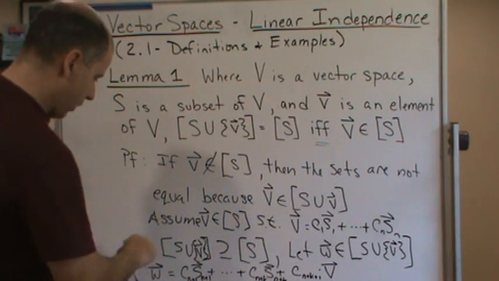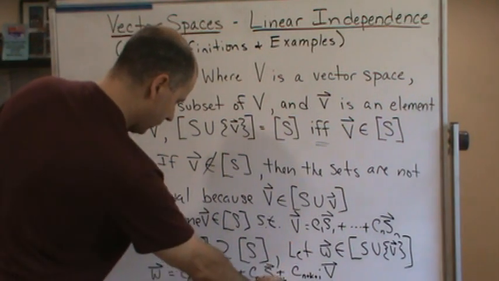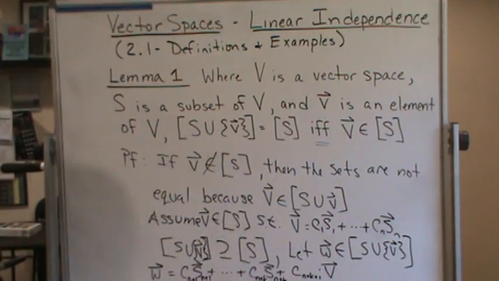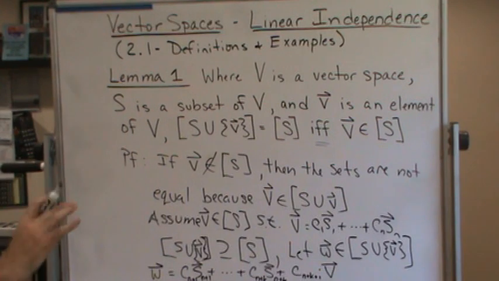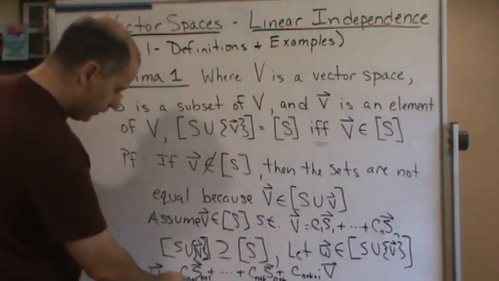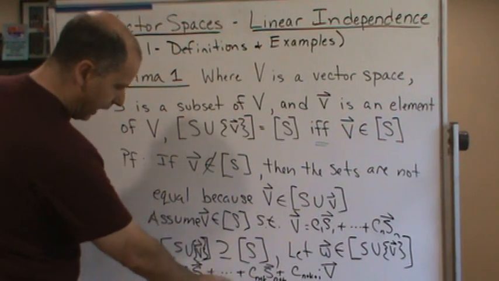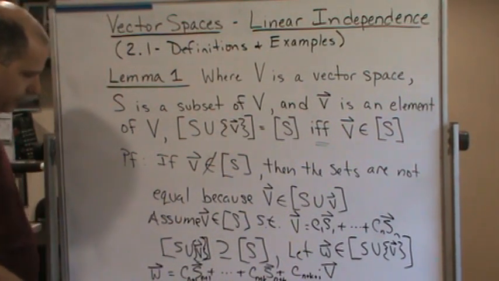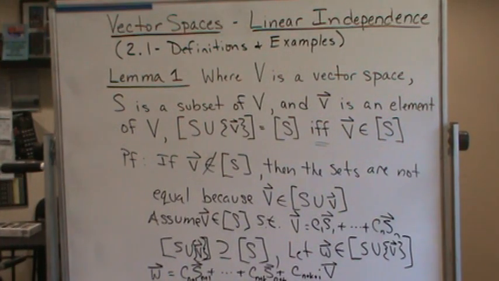So all I did was use a linear combination of c's, where the c sub i's are real numbers, and s sub i's. Now, one thing to mention, some of these s sub i's here may be the same as the ones in v.